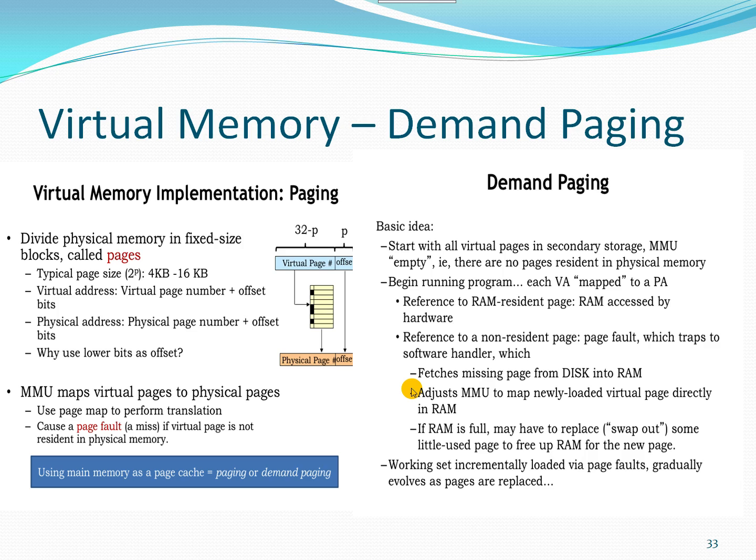For a given page we have a virtual page number, and if we add a particular offset to it, then we can address a particular variable with its virtual address.